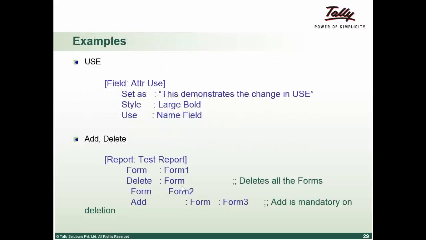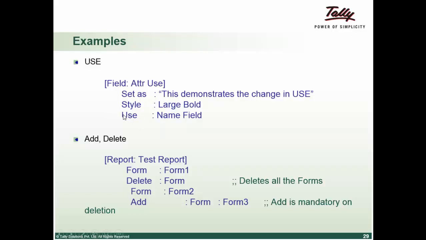So this is one example that we have provided, where we have made use of the attributes. As we told, the attribute modifier sequence you do not have to remember, it is remembered by the system. So in case at this definition you have provided set as, style and then use.